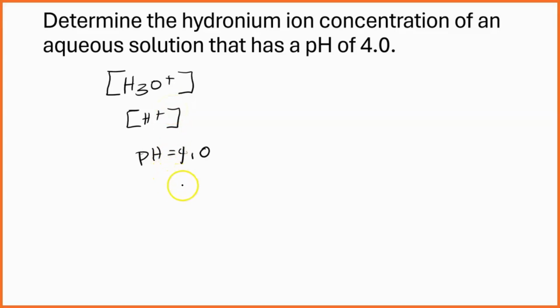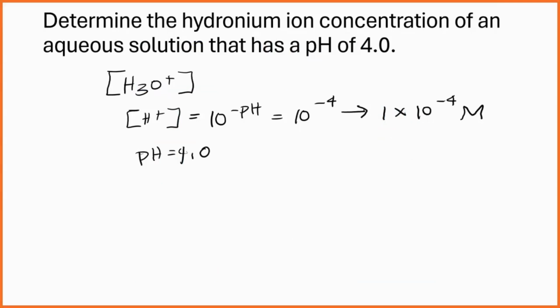What's the formula? 10 to the negative pH. So 10 to the negative 4. And I want to write that in scientific notation, 1 times 10 to the negative 4. And that's a molarity, so a capital M.